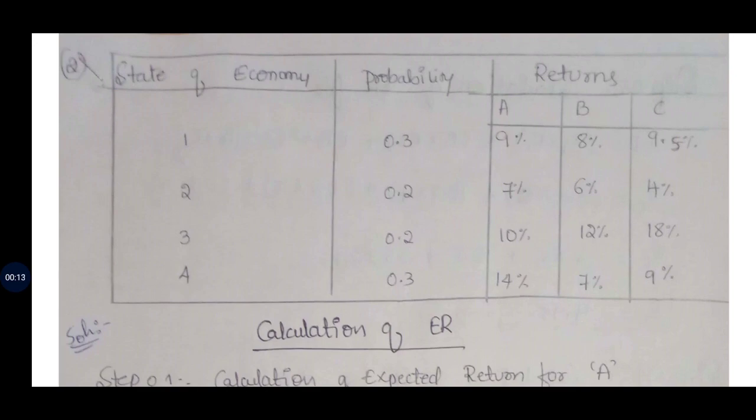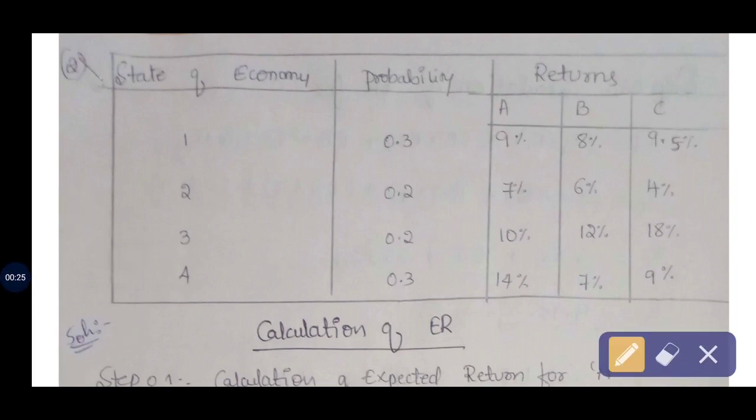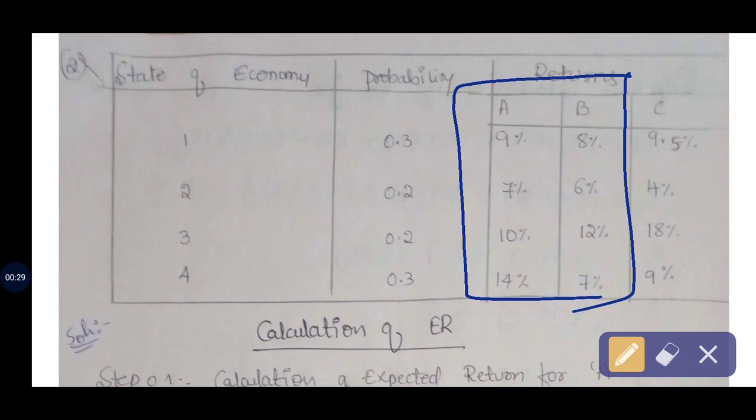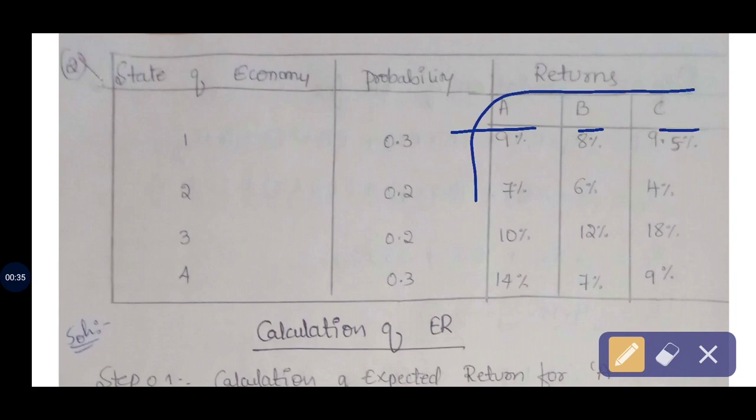In the previous class we discussed one problem on calculating expected return and the standard deviation. In that problem, we had only two returns, but in this problem, we'll have three different securities and their returns.